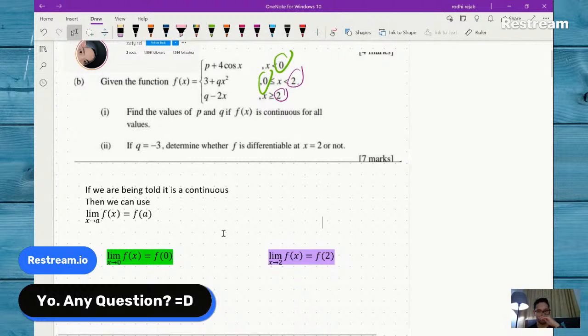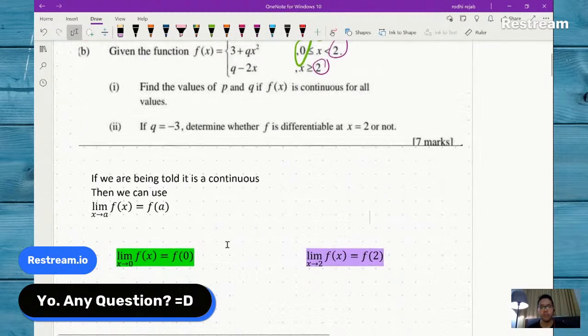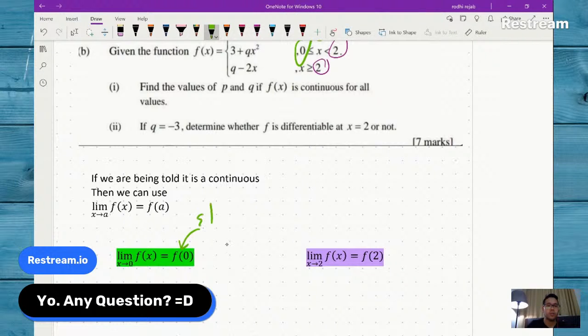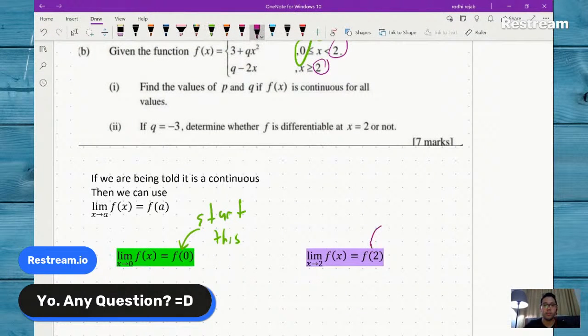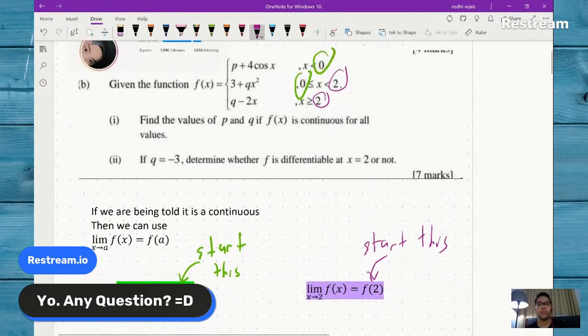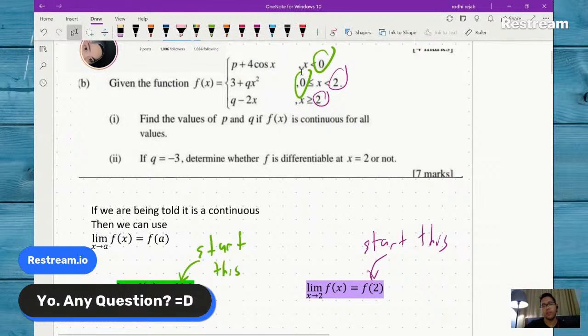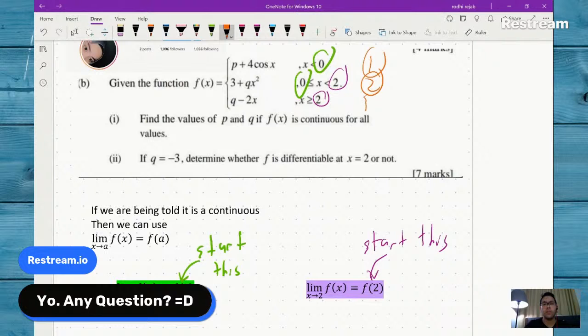Okay, so let's begin. If you see this one, my advice will be you start with this. Same goes for the other one, you start with the f(2). Another thing, let's say equation 1, equation 2, and equation 3.